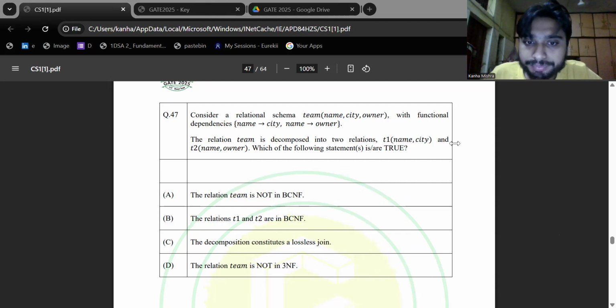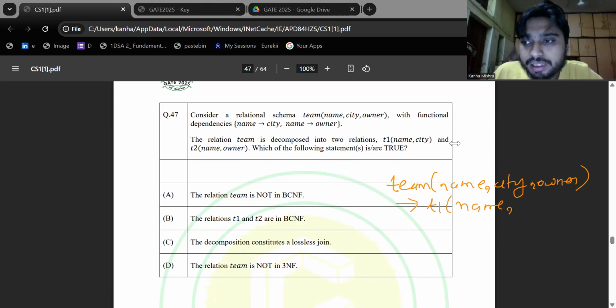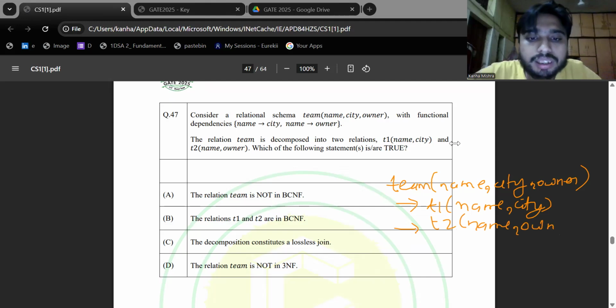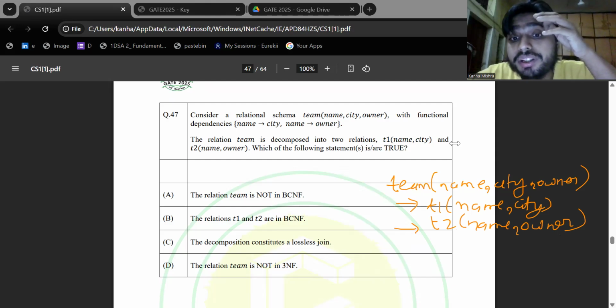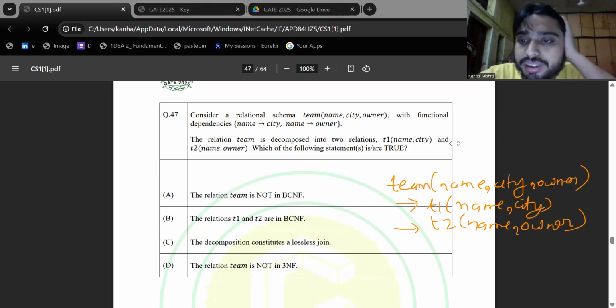Team with name, city, owner is decomposed into T1 of name, city and T2 of name, owner. The common attribute is name, and name is a key in both decomposed relations because it determines all attributes in them. This is a lossless join.